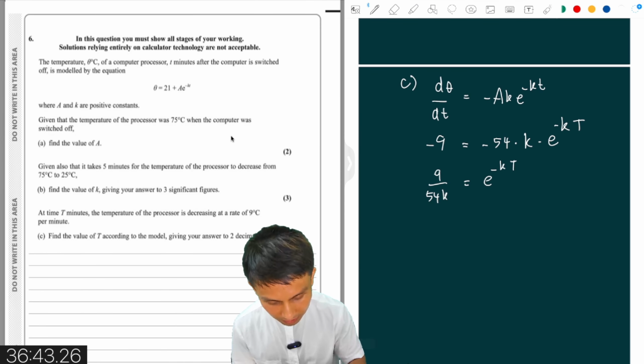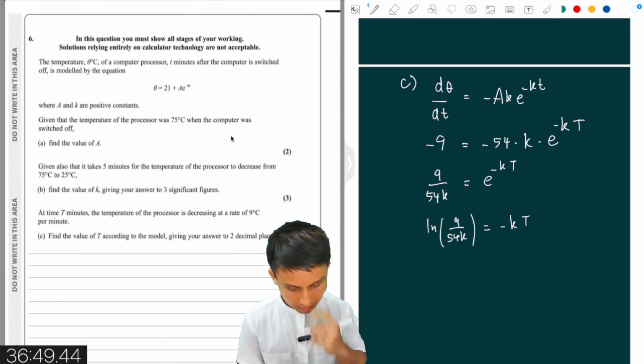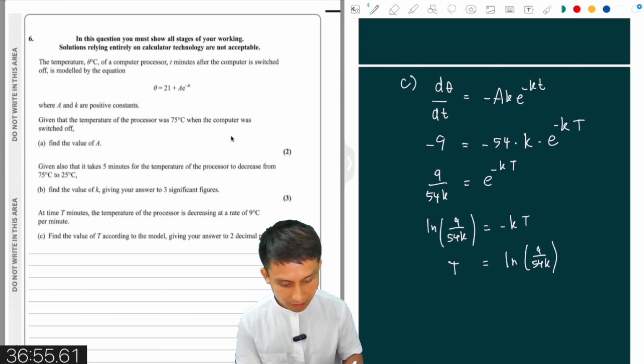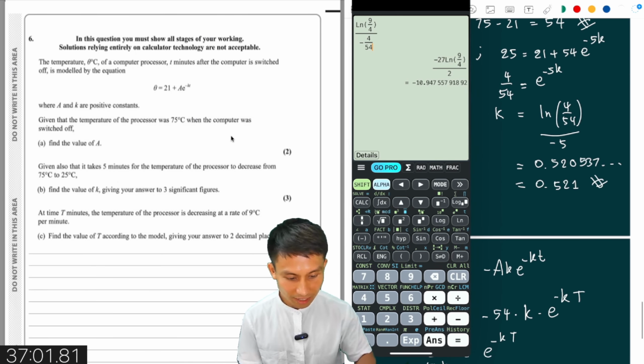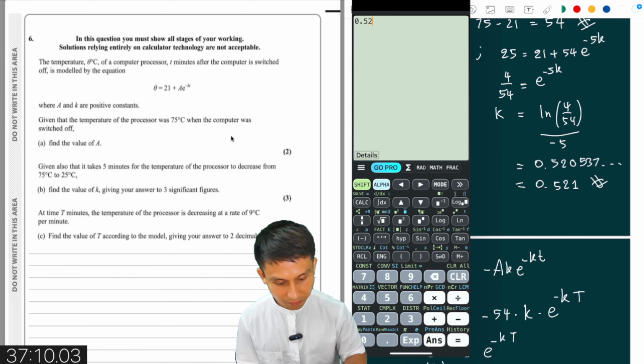So that means ln of 9 over 54k equals minus kt. So t is equal to ln of 9 over 54k divided by minus k. I'm going to be careful there. So what is our k again? I already put down quite many significant figures, so I think I'm going to do 0.52054 here.